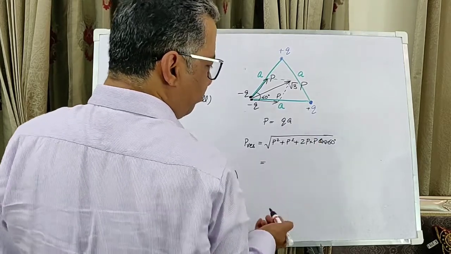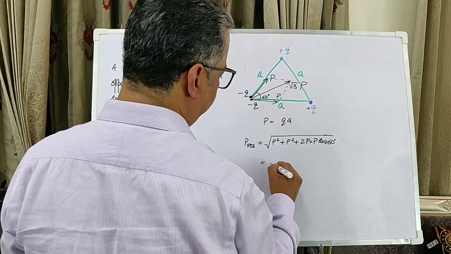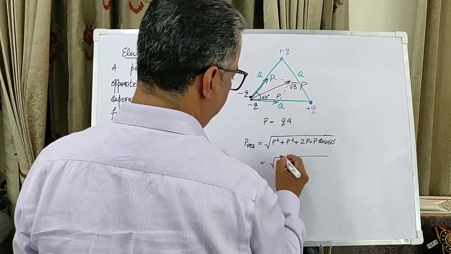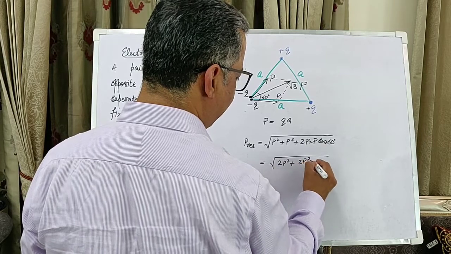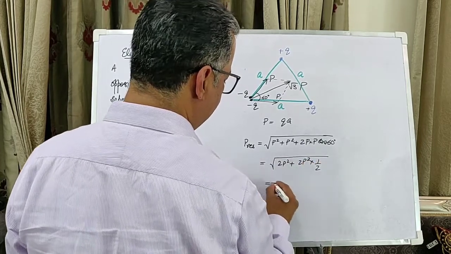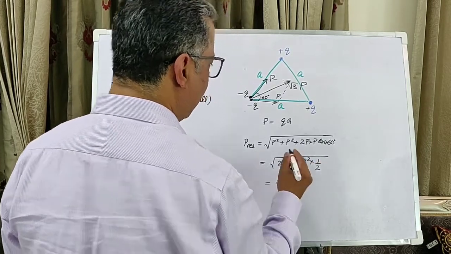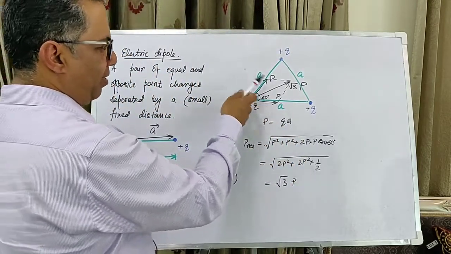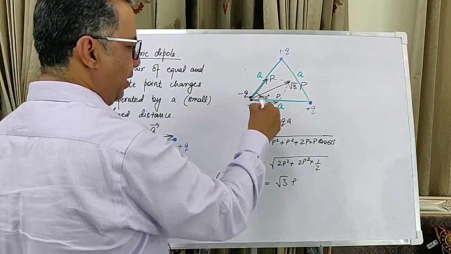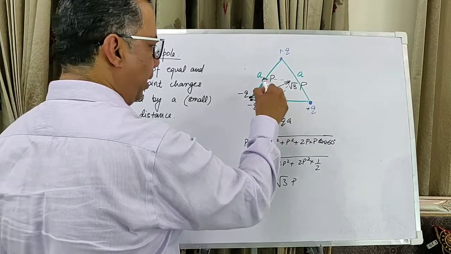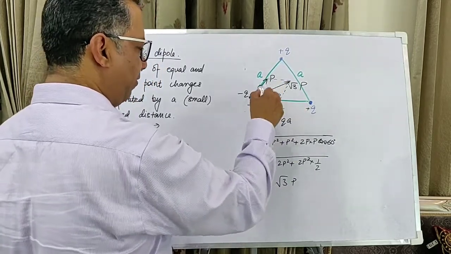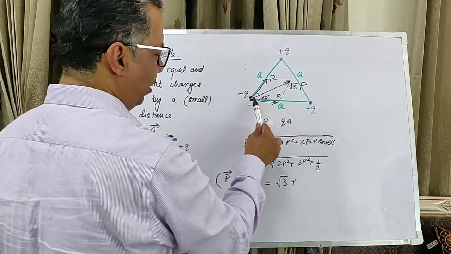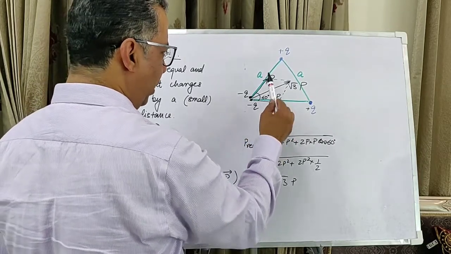And so this is 2P square plus 2P square times half, and that's root 3 P. Because of the symmetry here, the angle is 60 degrees and these 2 are equal, and we have a perfect parallelogram with these 2 sides being equal.